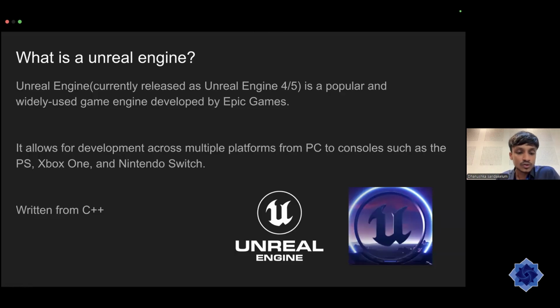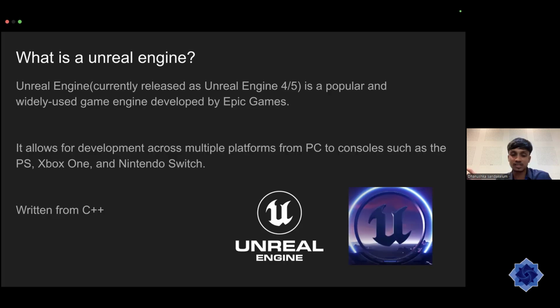This is known as cross-platform compatibility, which means you develop a computer game as one single entity, and there are multiple different pipelines that you use to build that game as an executable that can run on different types of platforms. For example, if you develop a computer game using Unreal Engine, you can build it for Windows by using the Windows build execution pipeline.